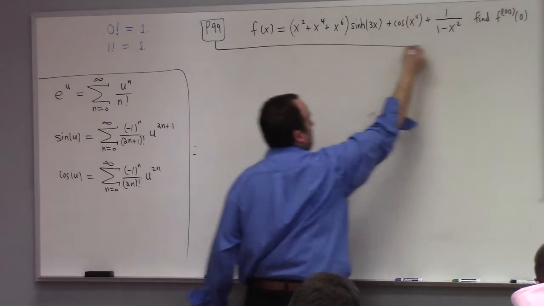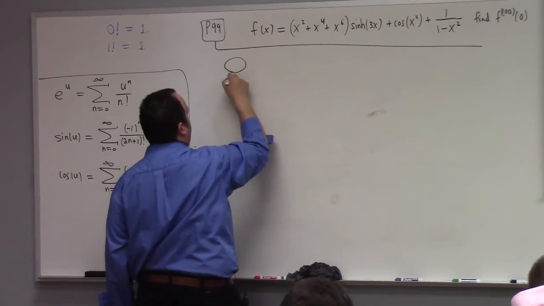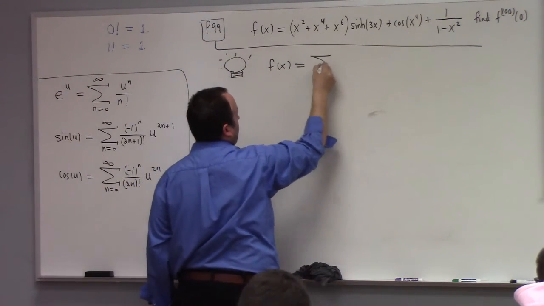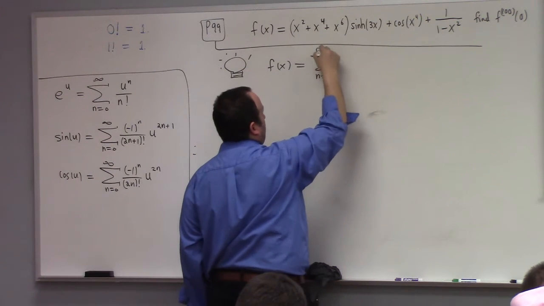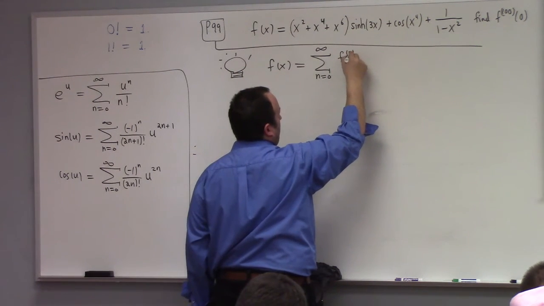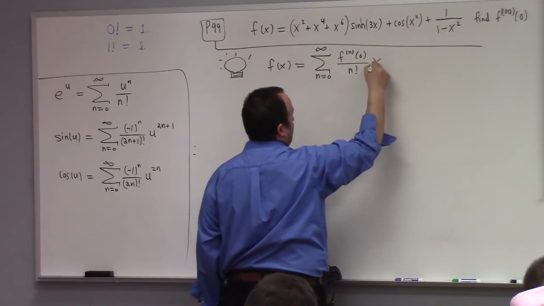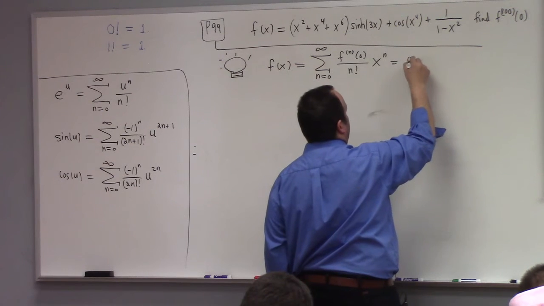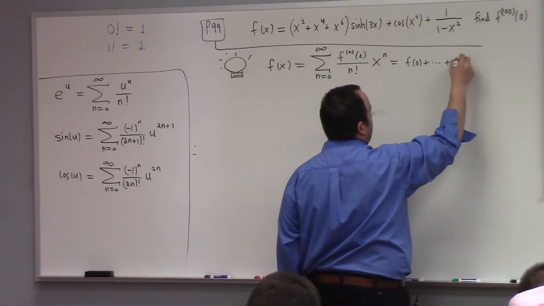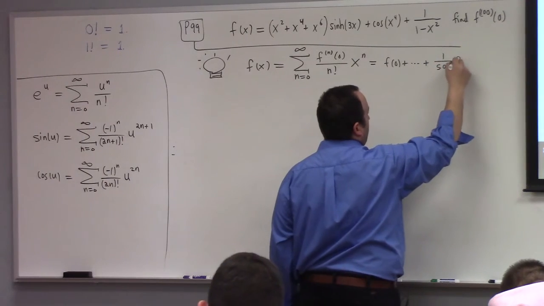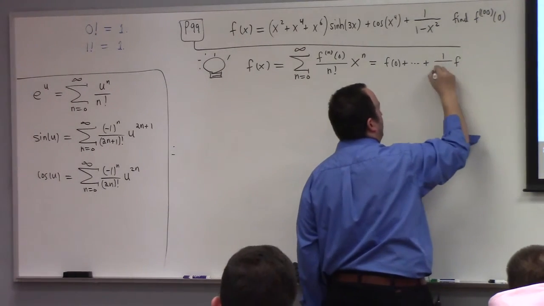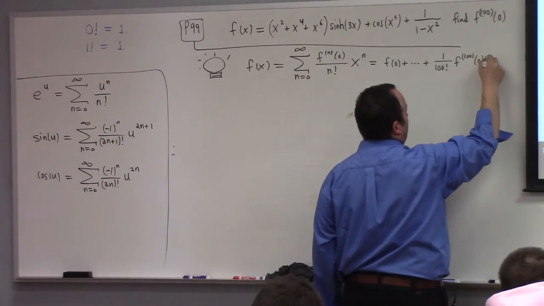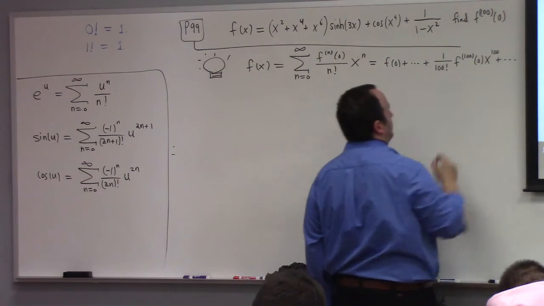So the concept here is to think about the expansion. This is equal to the sum, n equals 0 to infinity, of the nth derivative at 0 over n factorial times x to the power n, right? So if you envision that, that's equal to f of 0 plus and so on. Eventually we get to 1 over 100 factorial times the 100th derivative evaluated at 0 times x to the 100 power. That's there.